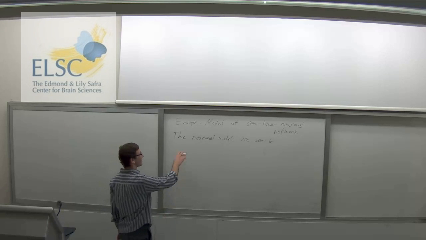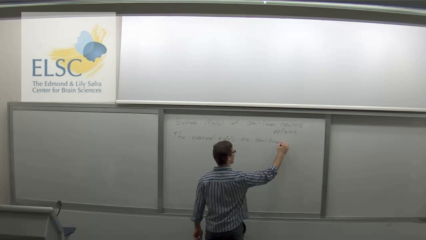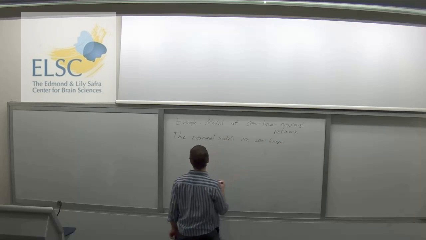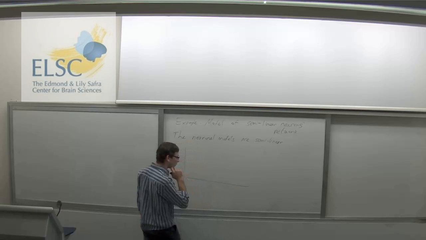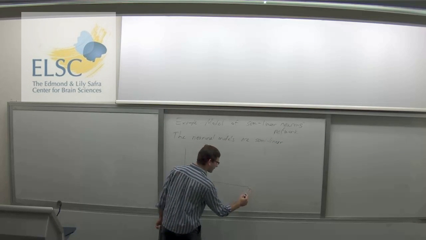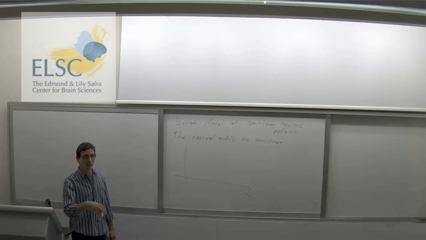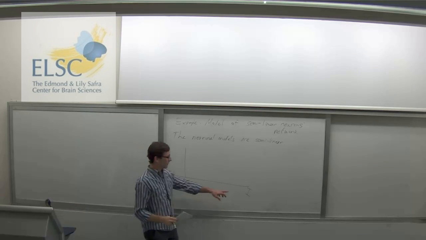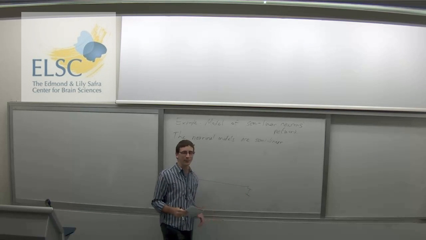So the neuronal models are semi-linear in the following sense. Suppose I have the x-axis, which is going to be I, and you can think of I as the input, but we can think of it as the current, which is also represented by I. So give it any interpretation you like.